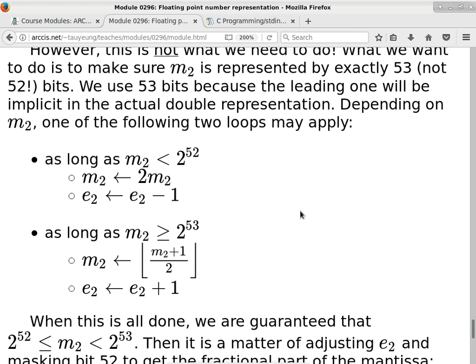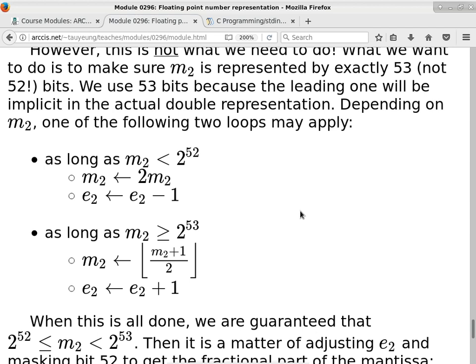Or you don't meet this requirement, this loop doesn't execute at all. When it does meet this requirement, the second loop runs. Or, ideally speaking, it doesn't run this nor this, because the value that you have is exactly using 53 bits. Then you don't need the first loop nor the second loop. So these 2 loops can be performed sequentially, and it's not going to mess anything up.